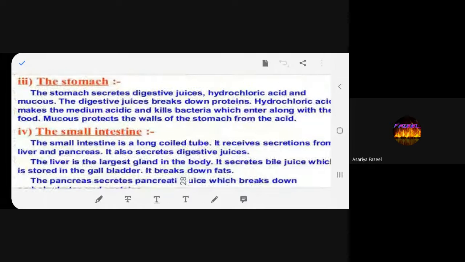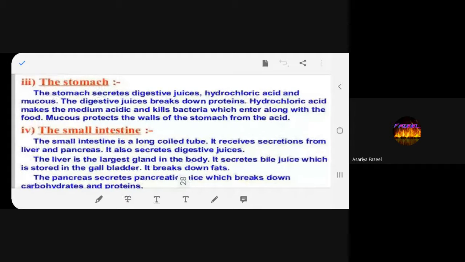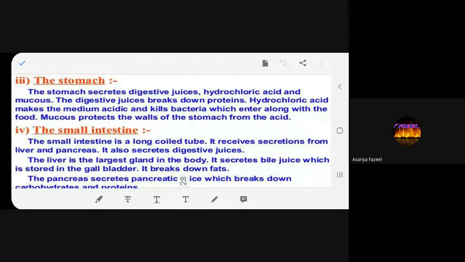Now let's see what is there in the stomach. Please read, beta. The stomach secretes digestive juices, hydrochloric acid, and mucus.